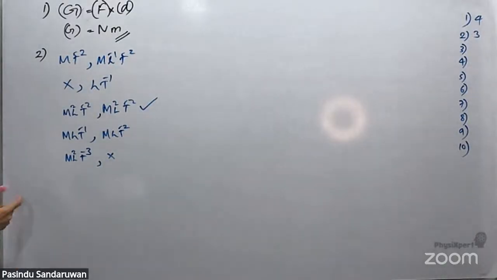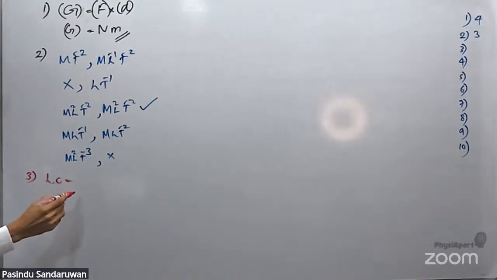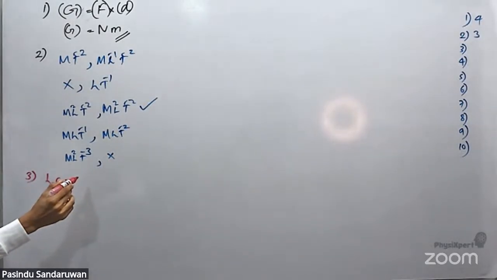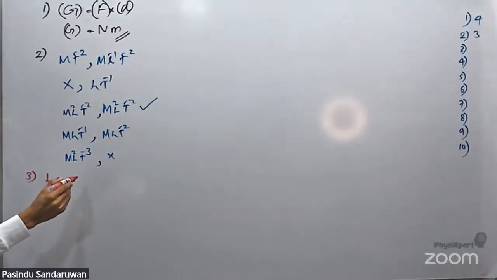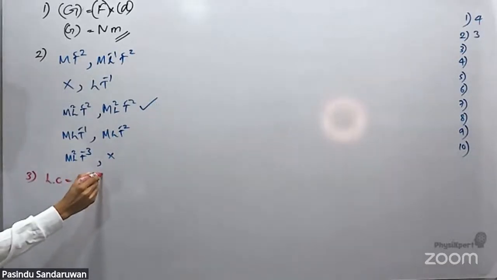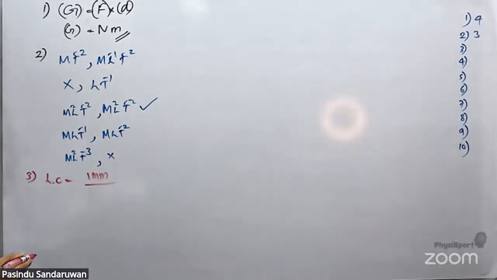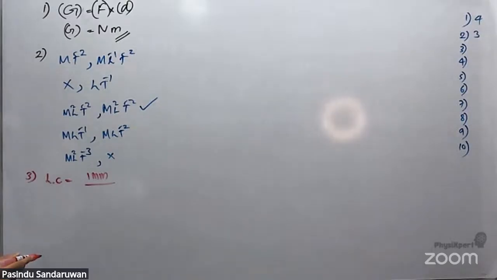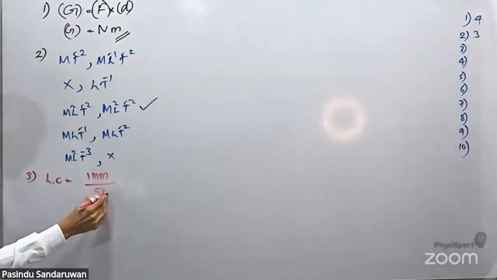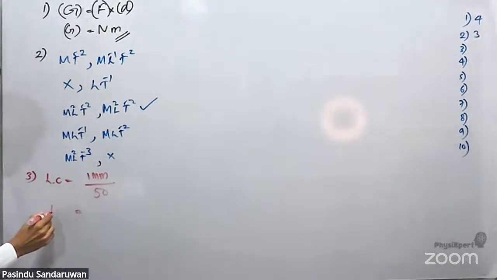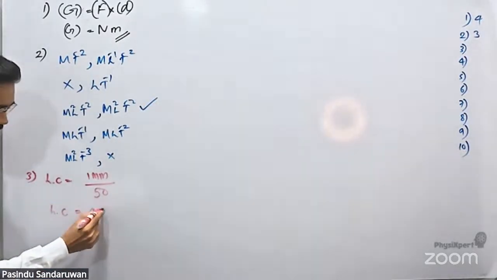The least count is the pitch over the number of divisions on the circular scale. The pitch is 1 millimeter, so it is 1 over 50, which means 0.02 millimeters.